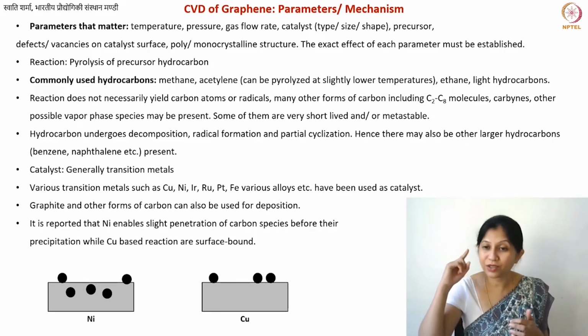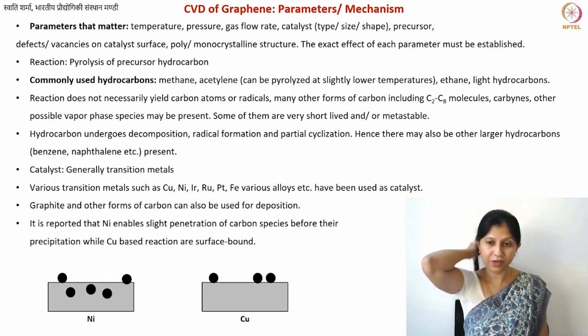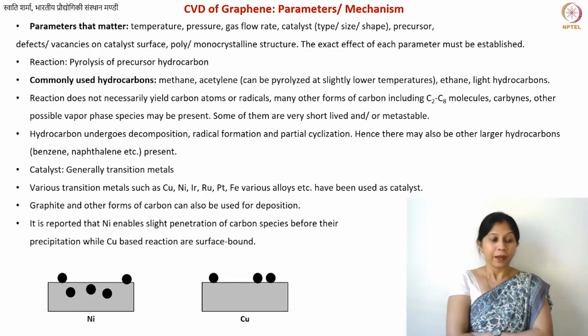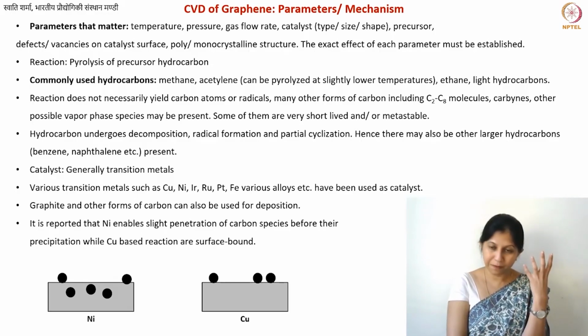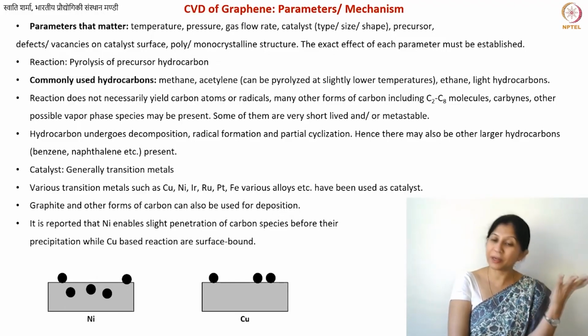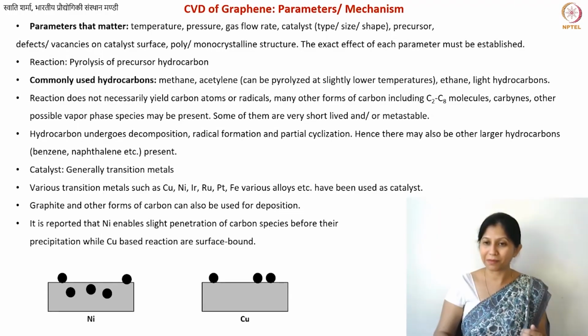If you can relate this to the formation of kish graphite also, that's an interesting comparison, because in the case of kish graphite, what is happening is you have carbon precipitating out of steel when you perform the rapid cooling. So there is a precipitation of carbon, atomic carbon, from inside a metal.